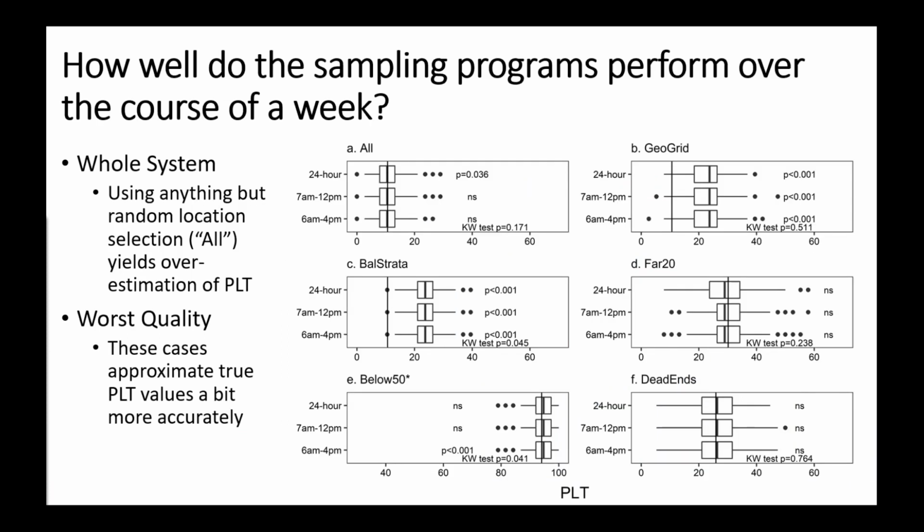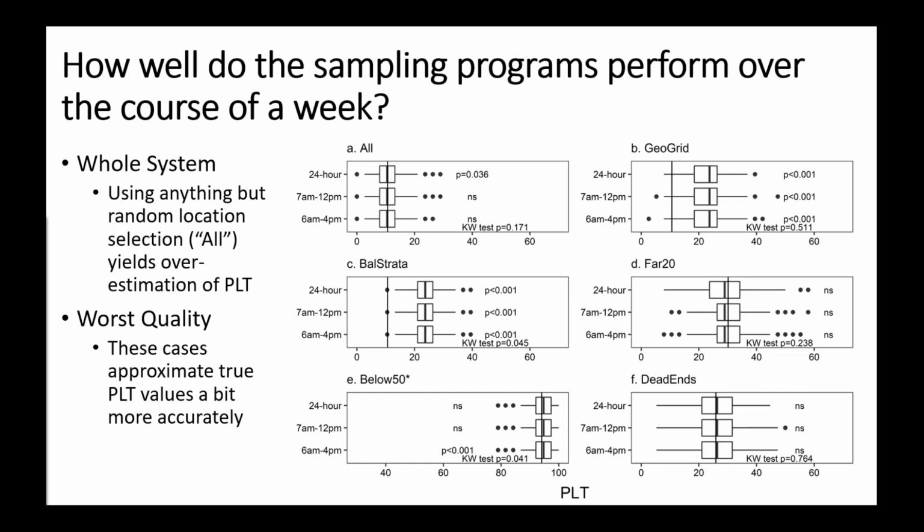The next question I asked is, how well do the sampling programs perform over the course of a week? To mention from earlier again, our whole system location cases are the geogrid and the balanced stratification. Again, you can see the vertical lines that cut through are the PLT actual, or true PLT, values.